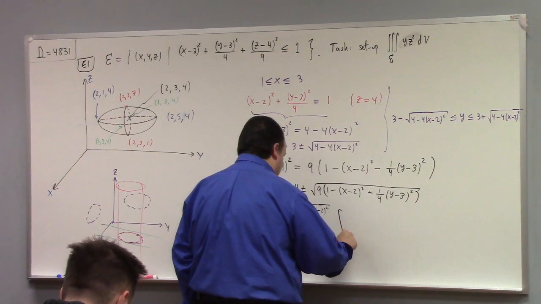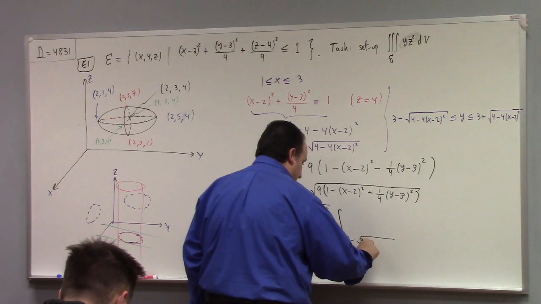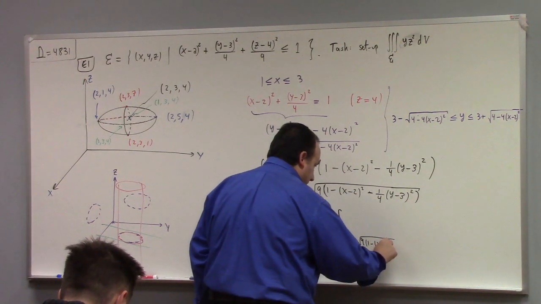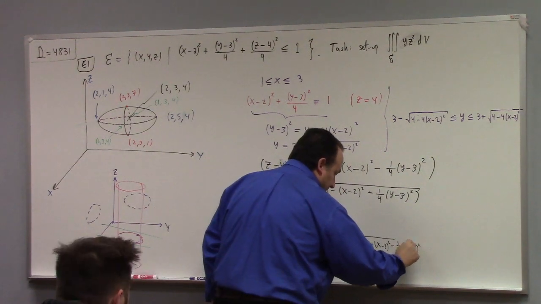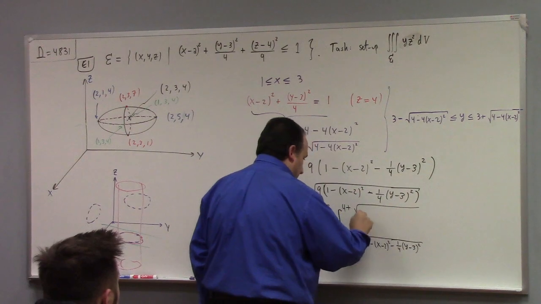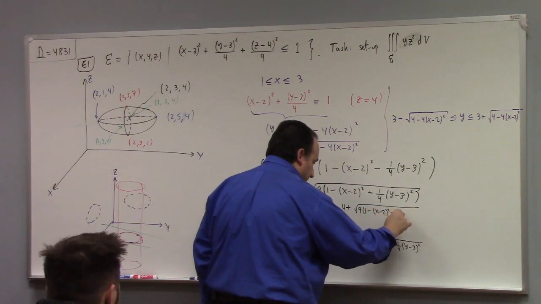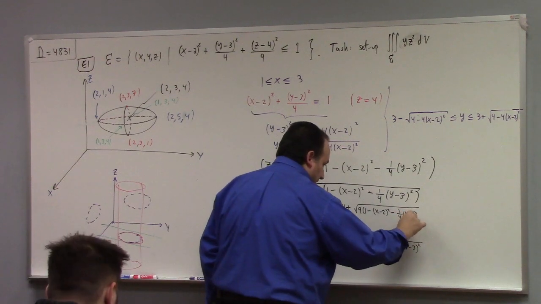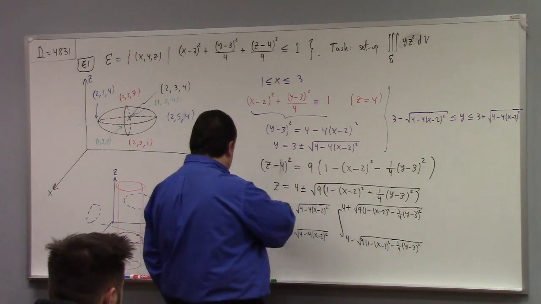All right, one more integral. 4 minus the radical of 9 times 1 minus parentheses x minus 2 squared minus 1/4 y minus 3 squared, and then 4 plus the radical of 9 times 1 minus x minus 2 squared minus 1/4 y minus 3 squared.